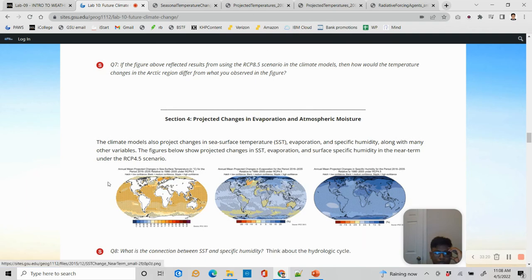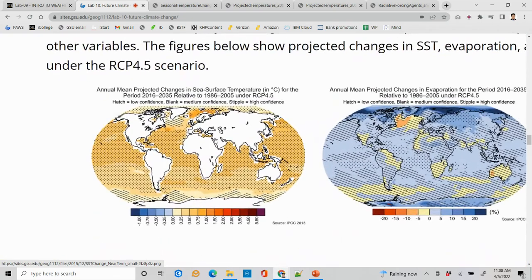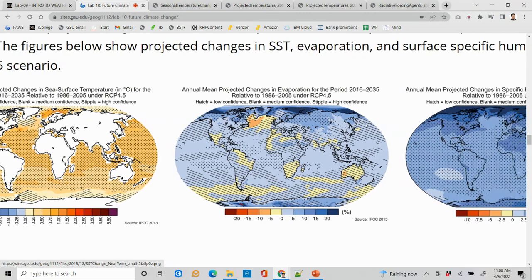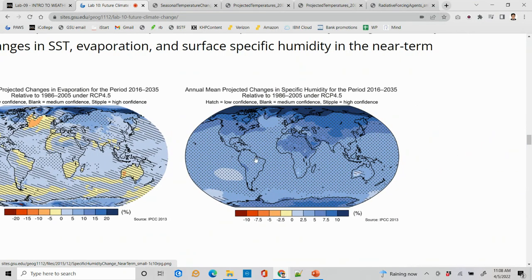And then projected changes in evaporation and atmospheric moisture. So these are some of the scenarios. The climate model also projects changes in SST, sea surface temperature, evaporation, and specific humidity. So one of them is about sea surface temperature, this is about evaporation, and this is about specific humidity.